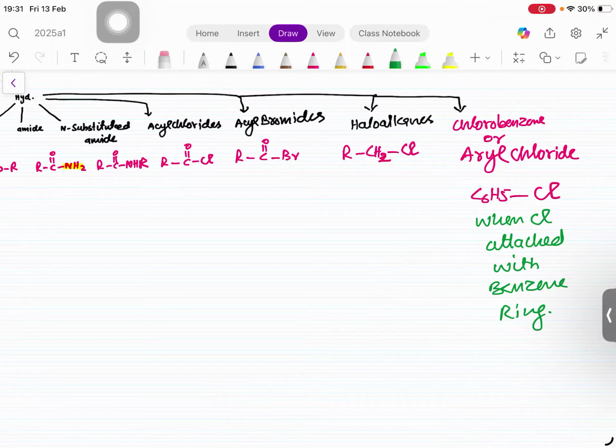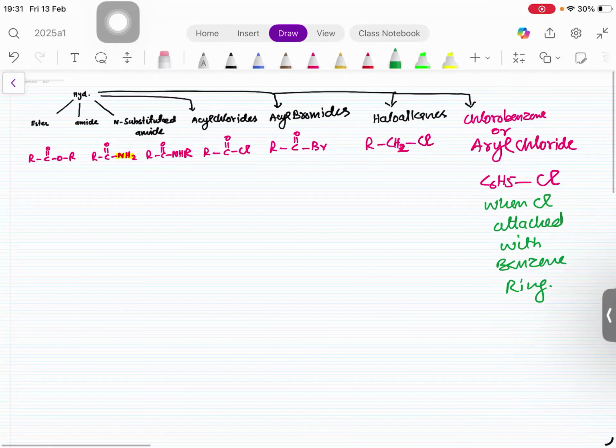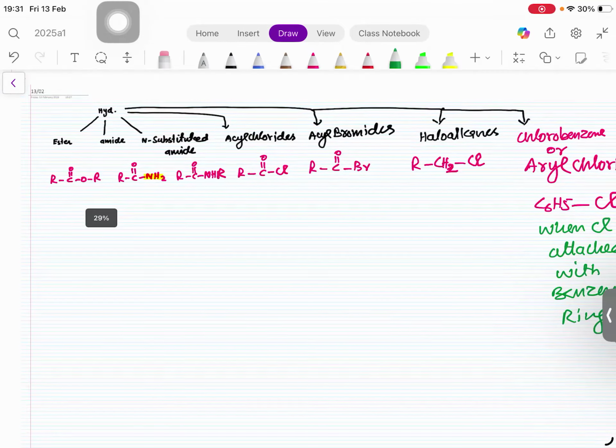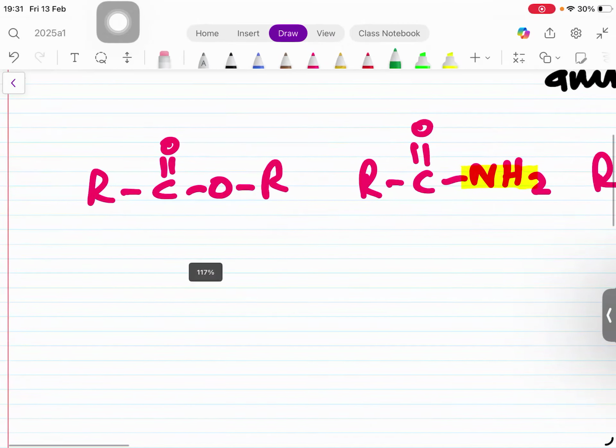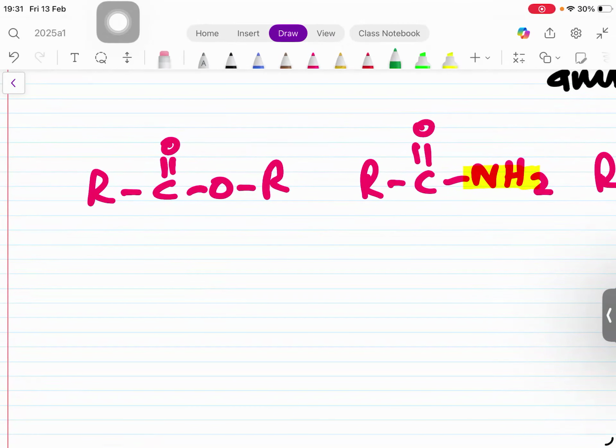Okay. Now coming back to this, we're going to put all the hydrolysis together today. For example, when the ester undergoes hydrolysis, you need to understand that the bond between C and O, usually the bond between C double bond O and any other foreign element, oxygen, nitrogen, or something like that, always breaks.